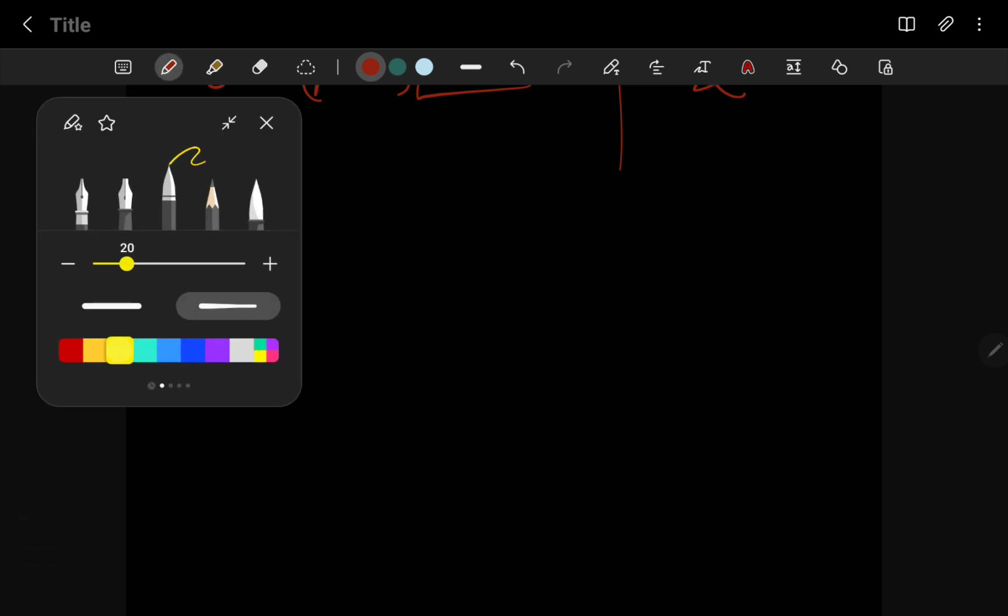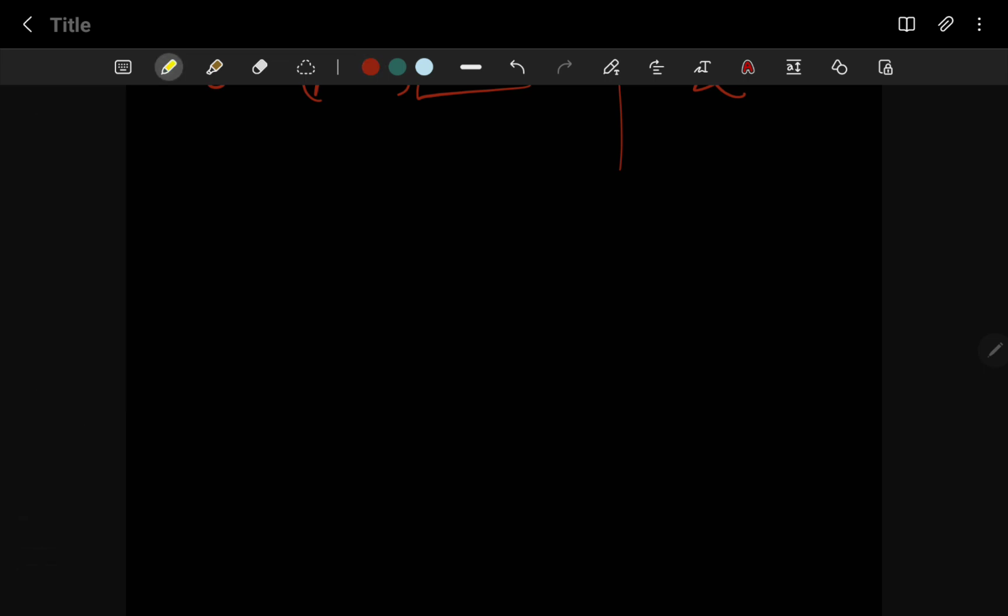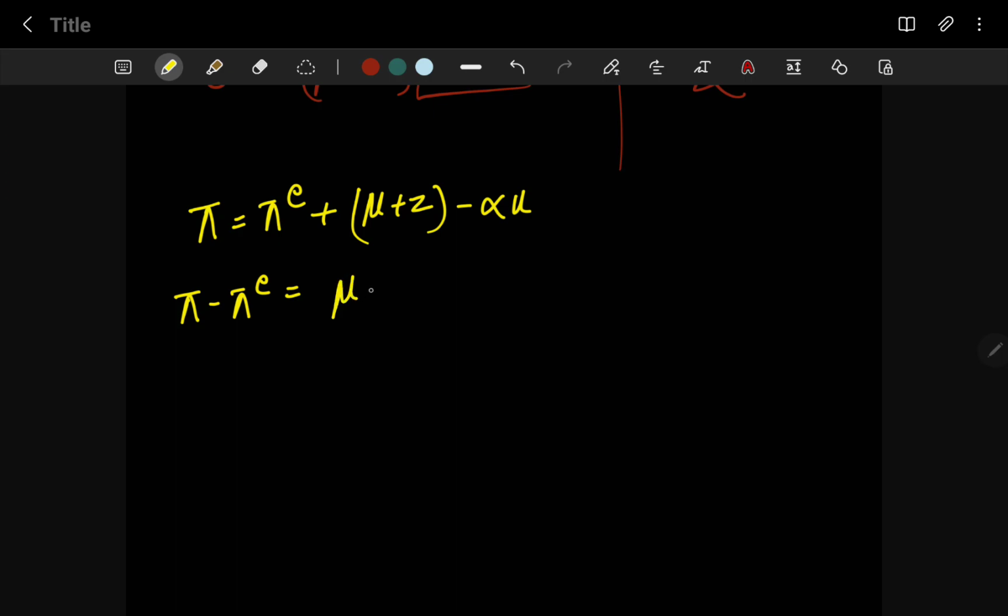Now again we are going to write down our previous formula, which was pi is equal to pi e plus mu plus z minus alpha u, right? If we take expected inflation to our left hand side, we are left with this. We know this is equal to u_n, is equal to u.